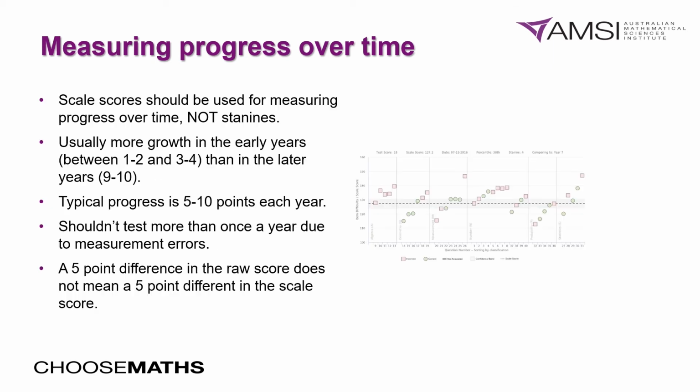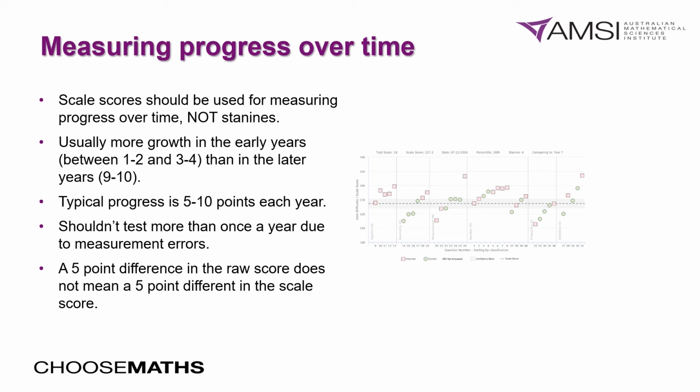So we're going to measure. Remember I said that we need to use our scale scores for measuring progress over time, not our stanines? Well, I've just reinforced that. You'll find a lot more growth in the early years than in the later years. The typical progress is 5 to 10 points per year, but what I like to do is compare my data to the norm data because it's much more accurate.